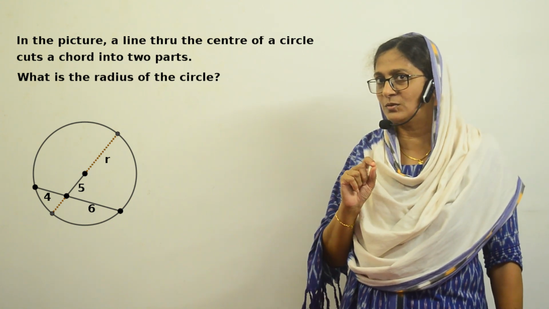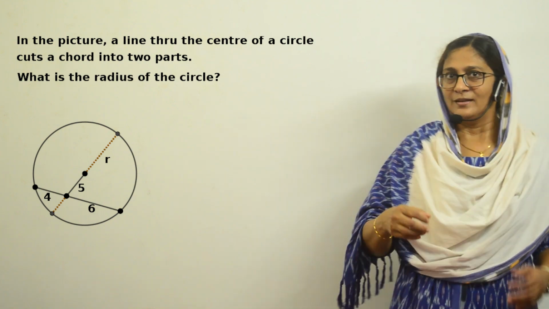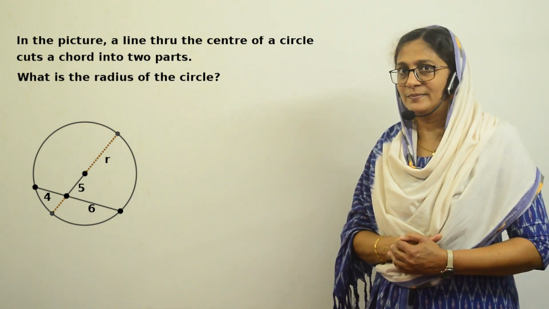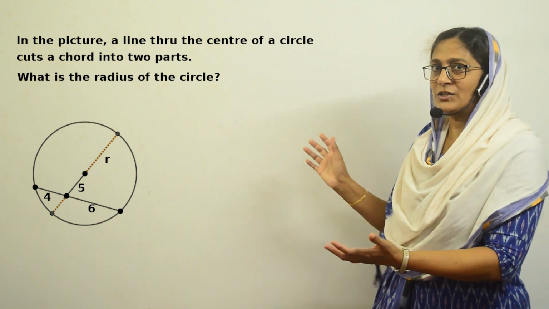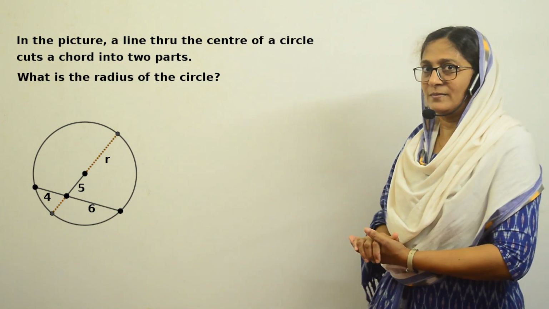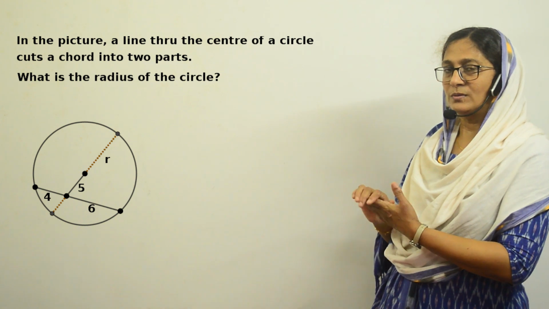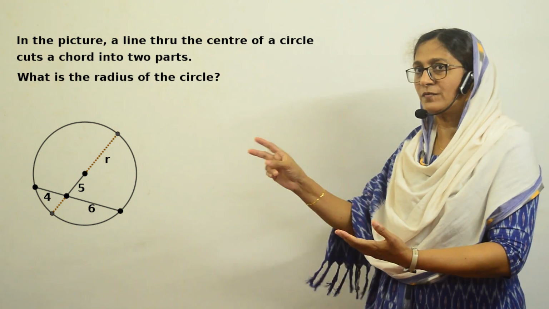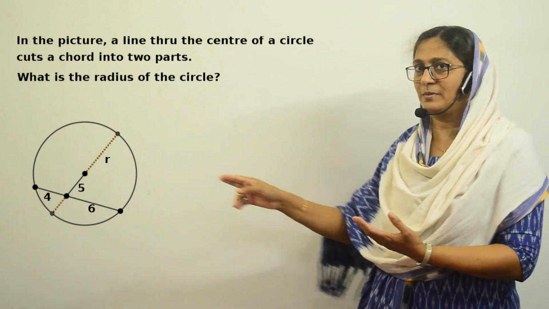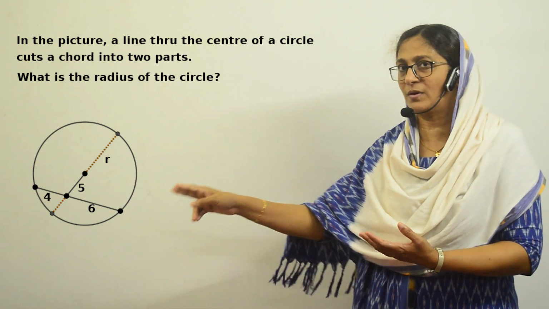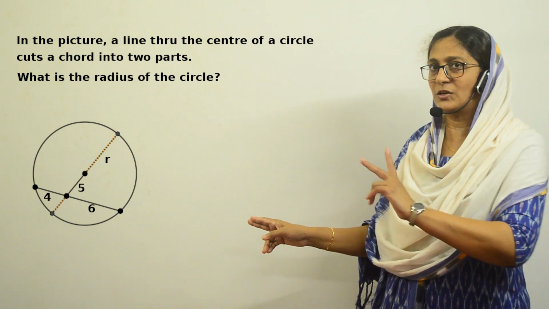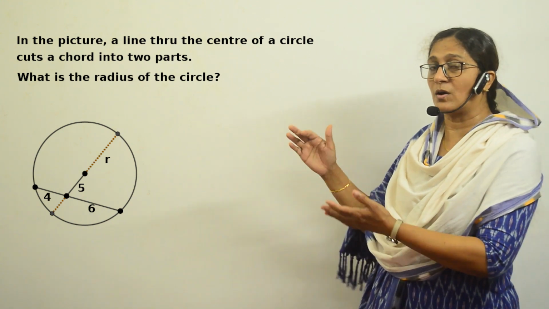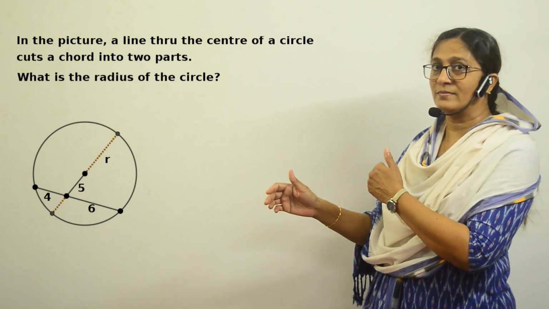Is it clear? Do I need to explain it again? Let me explain it one more time. We have changed the question into 2 chords intersecting in the circle. One of the chords is 10 centimeters because it is cut into 2 parts, 4 and 6. The other chord is also cut into 2 parts.